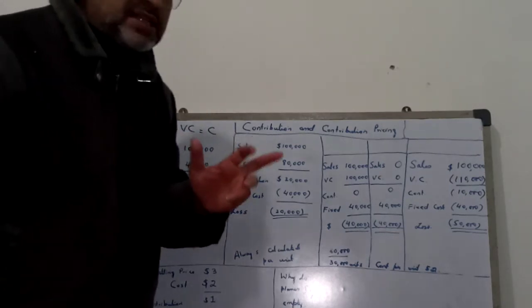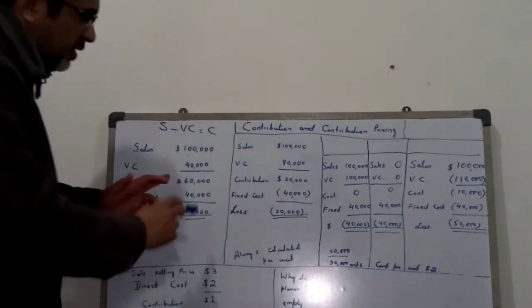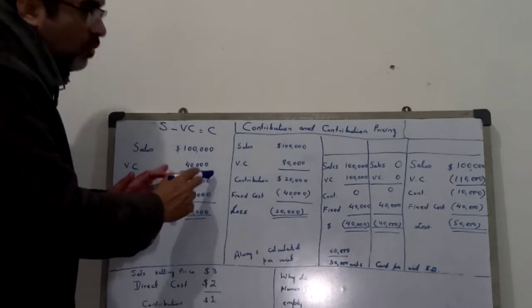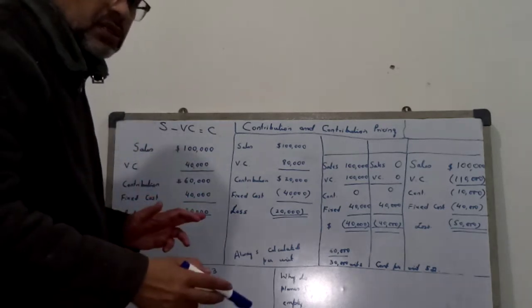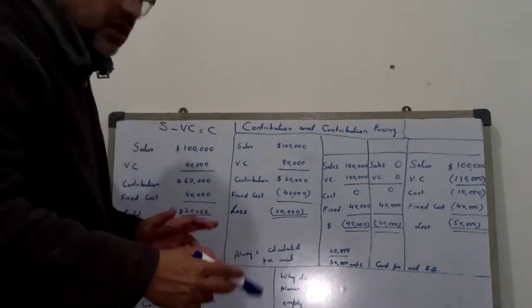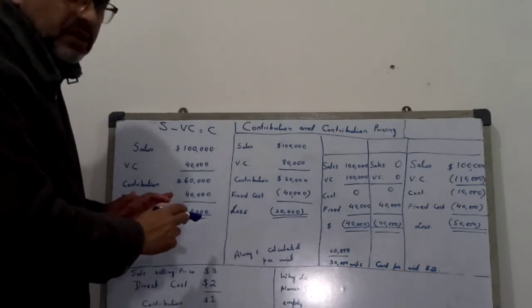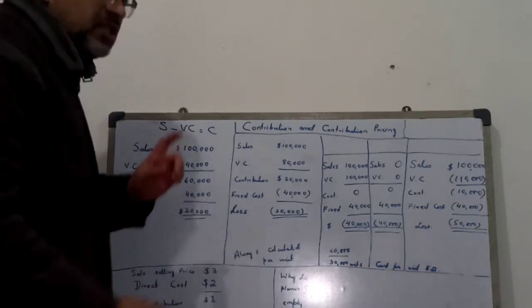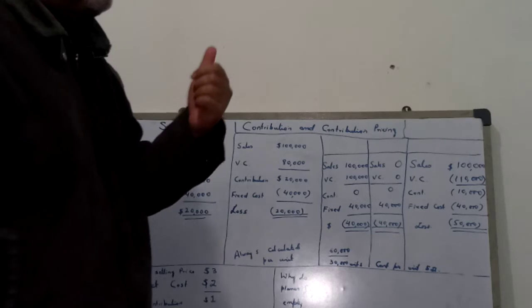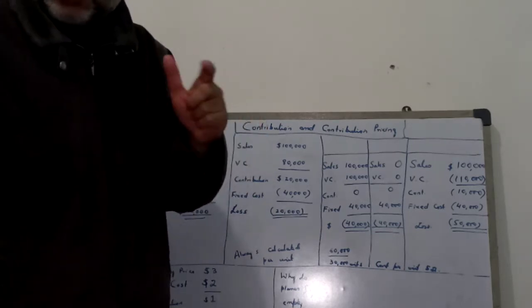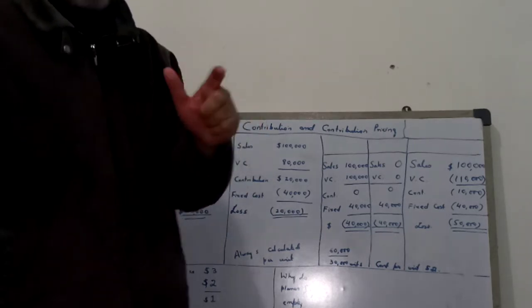Now, why is it called contribution? Because this 60,000 will now contribute towards the recovery or the payment of the fixed cost. What is fixed cost? Please keep in mind, fixed costs are those costs which do not change with the level of output.